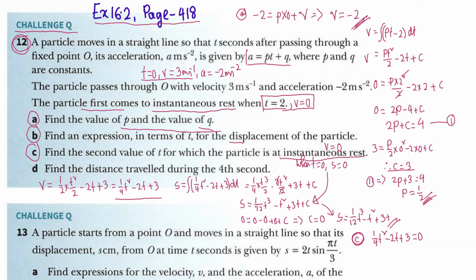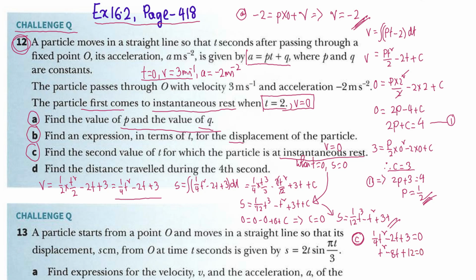So let me simplify and solve it, which is t square minus 8t plus 12 equals to 0, because 3 4 is the 12.